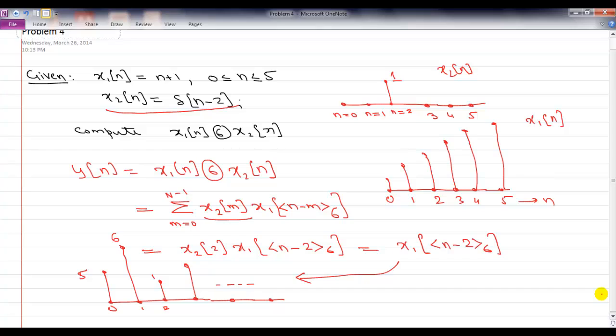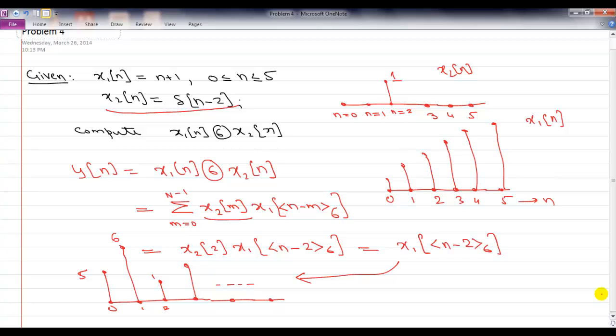Now, the reason we did this exercise is to relate it to the case of linear convolution. This is a very special property that you should try to keep in mind. One of the signals is a shifted impulse: x2[n] is an impulse at n equal to 2, and x1 is just a sequence.